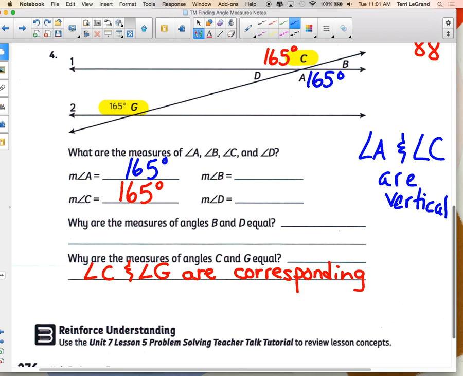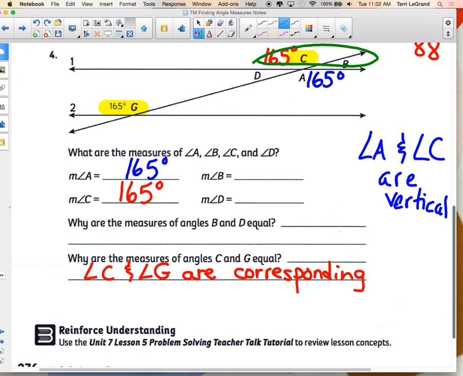Caden? C and B are what kind? Do you agree with him, class, that C and B are vertical angles? They share a side. I don't think they can be vertical.